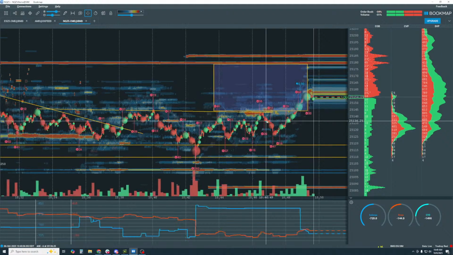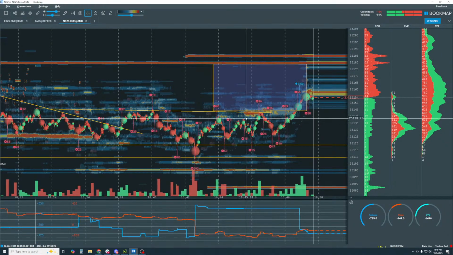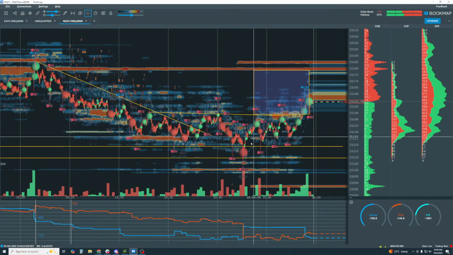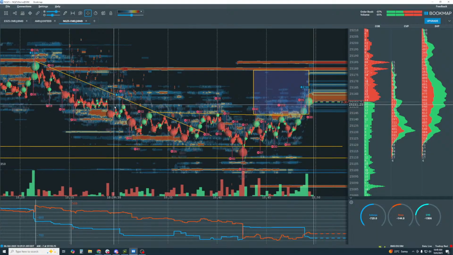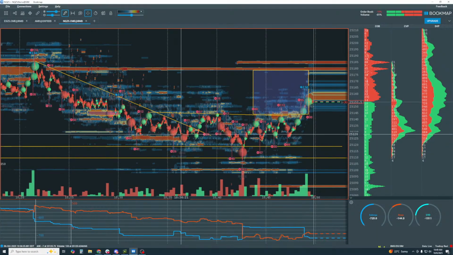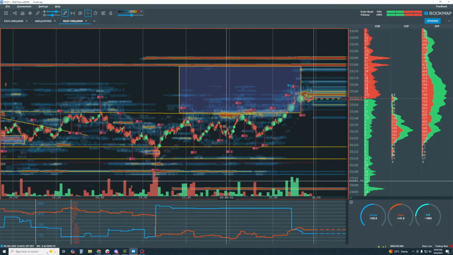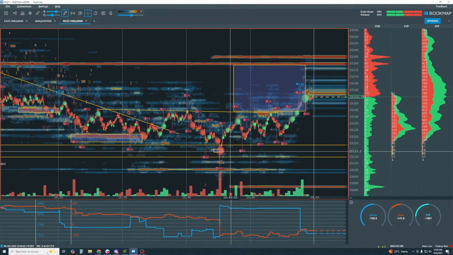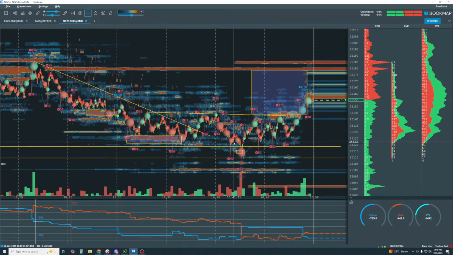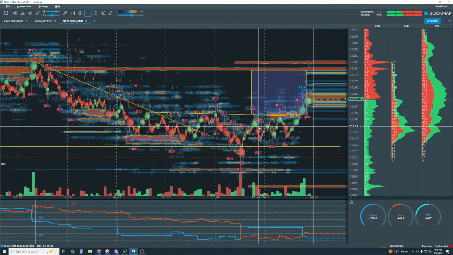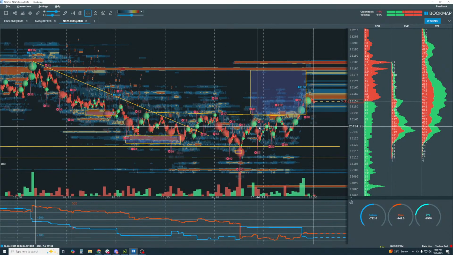All right, well, now what about the passive liquidity? Not as good. So we have this here, we have this here, and we have some down here. Now this is where we're getting into the elements that I'm talking about. Is it really good?